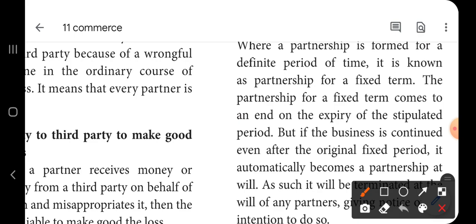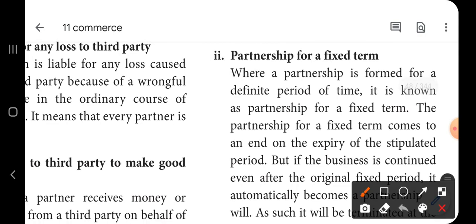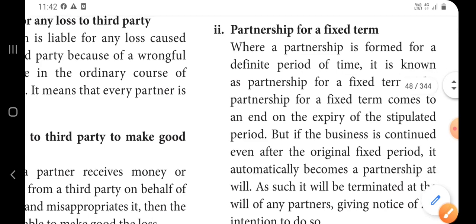Now, where a partnership is formed for a defined period of time, it is known as partnership for a fixed term. The partnership for a fixed term comes to an end on the expiry of the stipulated period. But if the business is continued even after the original fixed period, it automatically becomes a partnership at will.